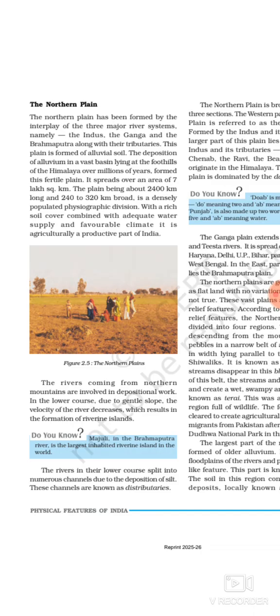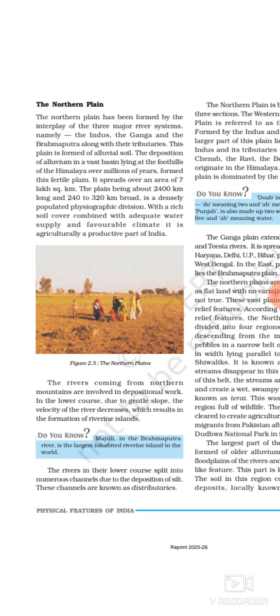The plain being about 2400 kilometers long and 240 to 320 kilometers broad is a densely populated physiographic division. A rich soil cover combined with adequate water supply and favorable climatic conditions makes it a productive part of the country.